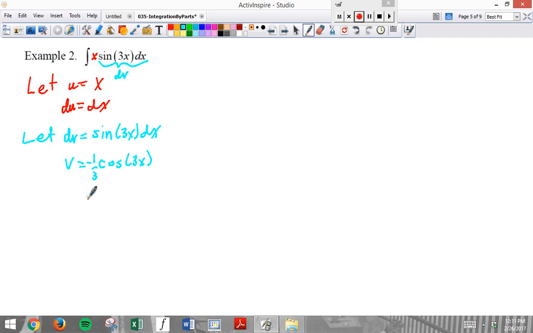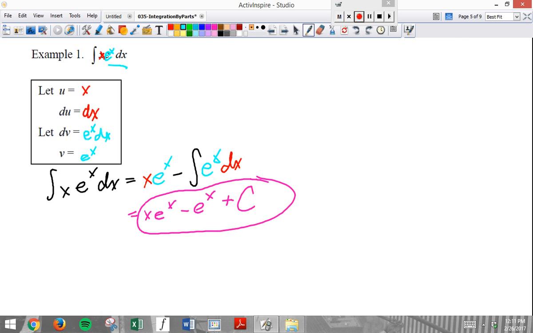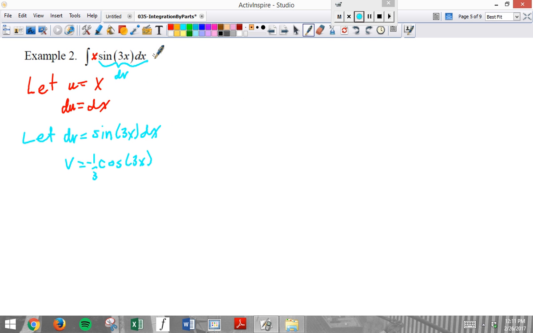Okay, here we go. So, alright. So our original integral is u v, and yes, you could write this in a different way, be just as nice, minus the integral of v du.